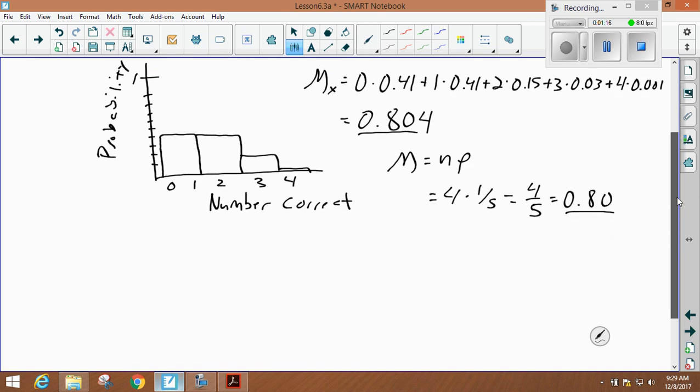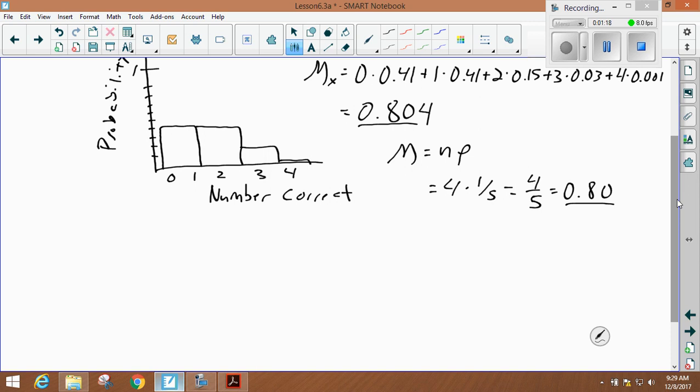And the next thing that you should know is that instead of calculating your standard deviation by doing the variance, where you have to do all those sums, with a binomial distribution you can use the formula that the standard deviation of your random variable X is going to be equal to the square root of n times p times 1 minus p.